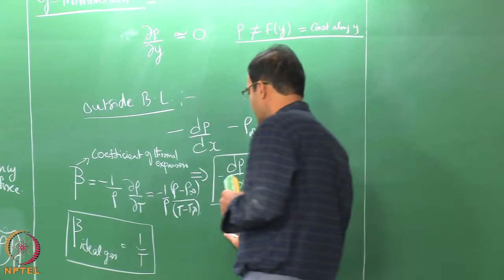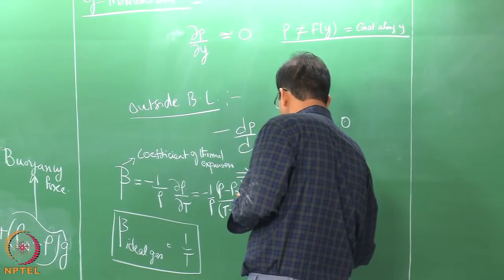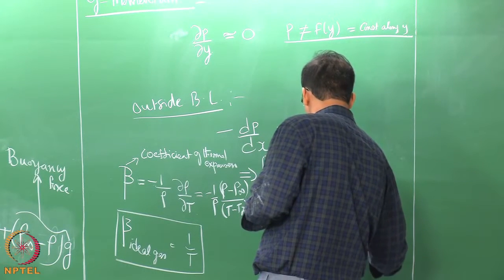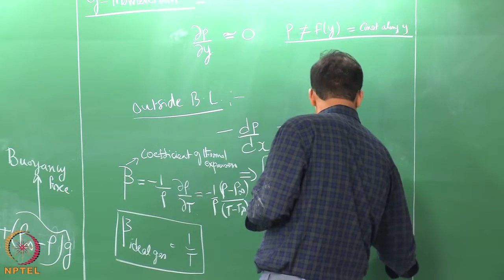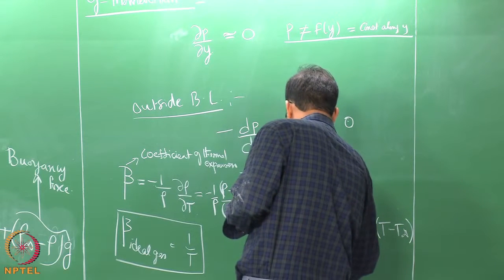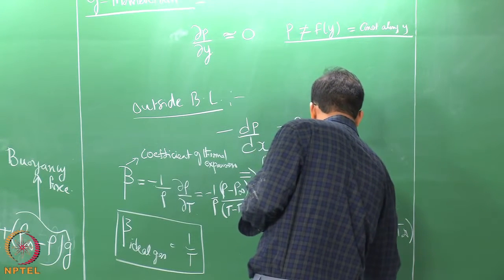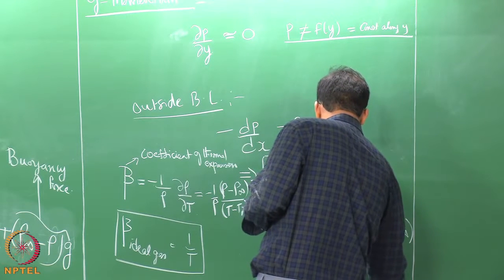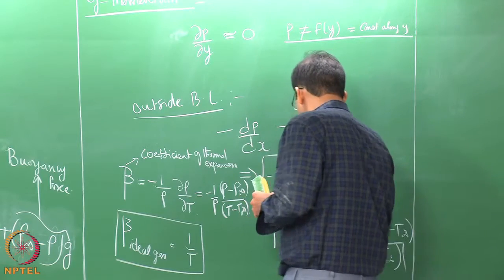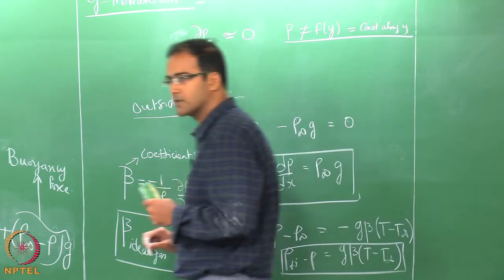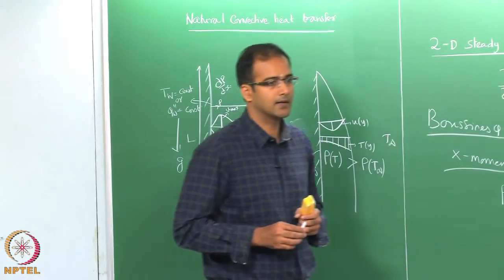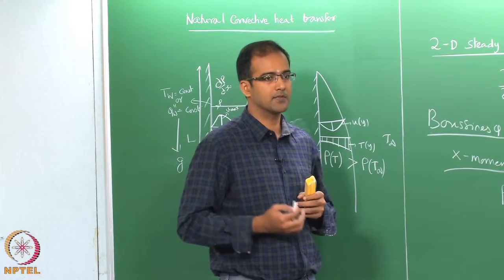So, therefore, what do you get? Rho minus rho infinity is equal to minus rho beta into T minus T infinity, or rho infinity minus rho is equal to rho beta T minus T infinity. So, this is basically the relation between the buoyancy force and the driving potential, which is the temperature difference.